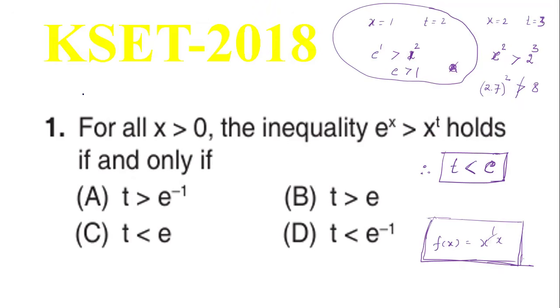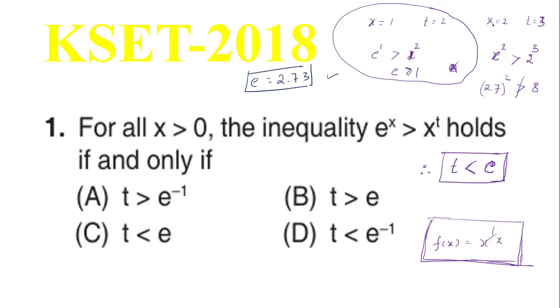The condition is if and only if. I'm using trial and error. I'm taking x equal to 1, t equal to 2. That means e raised to 1 greater than 1 raised to 2. That means e greater than 1. The value of e is 2.7 something. In that case it is true.